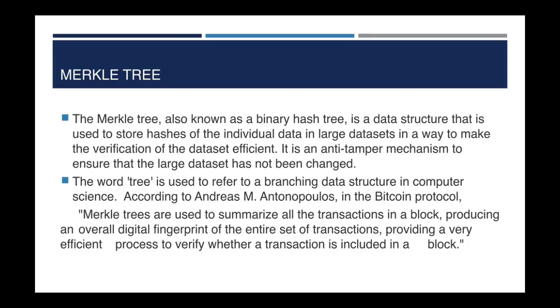A Merkle tree summarizes all the transactions in a block, producing an overall digital fingerprint of an entire set of transactions. Because of the Merkle tree, you can easily verify whether a transaction is part of the blockchain or not.